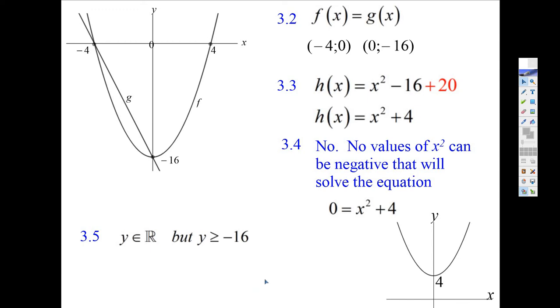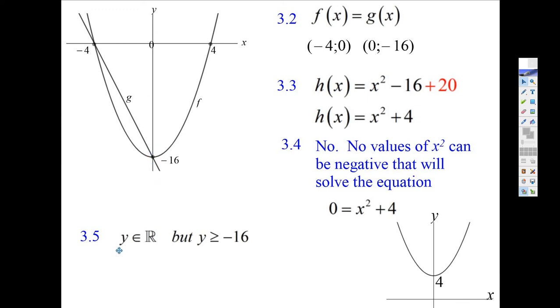Okay, the next question says, what's the range of f? All it means is, what are all the things that y can be? Well, y can be 0, it can be minus 4, and it can even be minus 16. But this parabola can't be minus 17 or even a little bit smaller than minus 16.